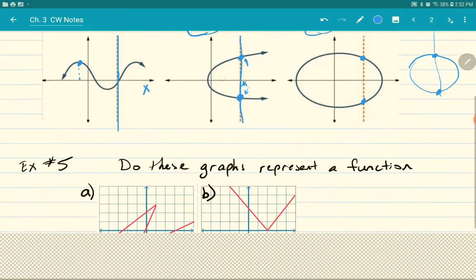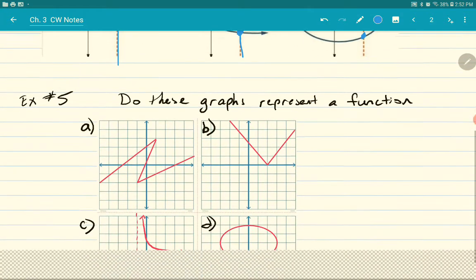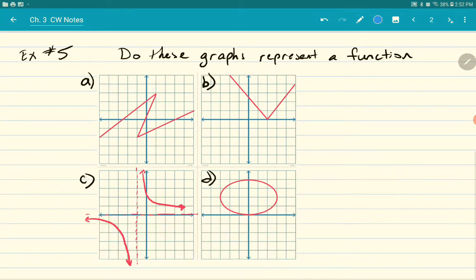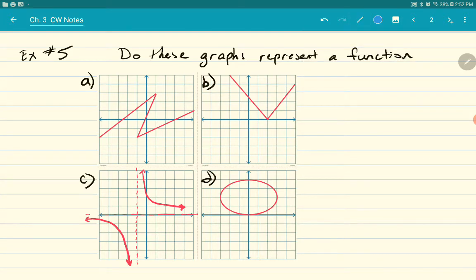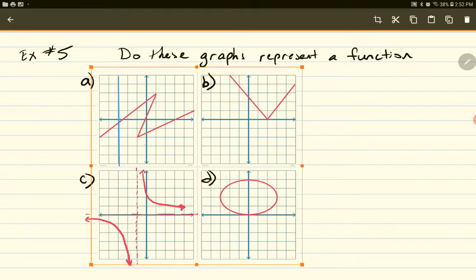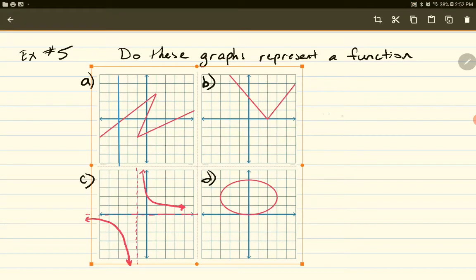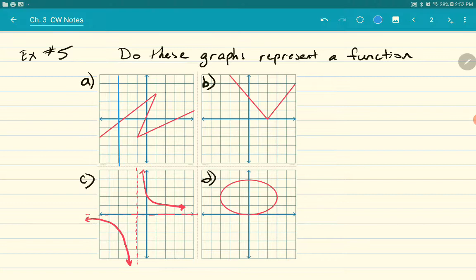All right, so let's do an example. Let's look at these 5 graphs and apply that vertical line test. So I'm going to get my straight line again.